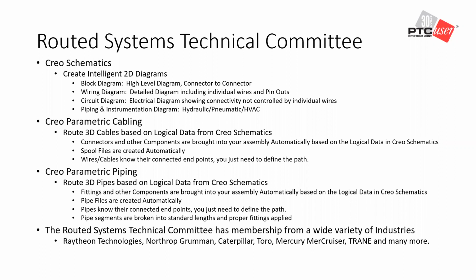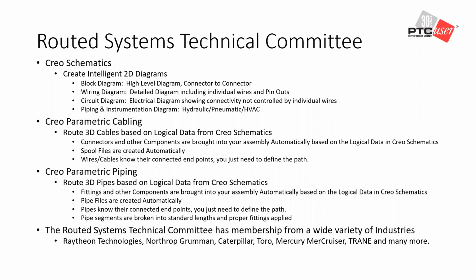So for Creo Parametric, we have cabling. We'll take the logical data from Creo Schematics, put it into cabling, and everything that we identified in Schematics, like a part number and a ref des for a connector, the part number and the ref des for wires and cables, all of that data comes across with the color of the wires, the diameter of the wire, the weight of the wire.